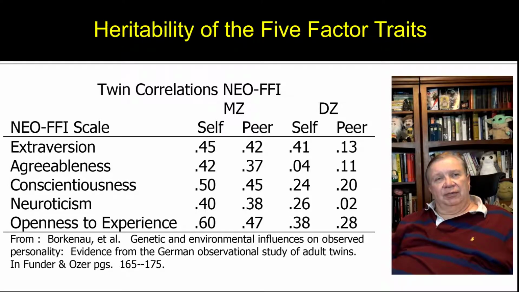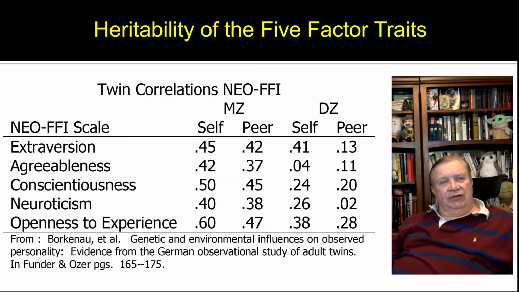And no one up until Borkenau and his colleagues did this study had used observer data in looking at the personality traits of twins. Borkenau also used a version of the Big Five, the NEO-FFI scale, five-factor inventory, and you see that there's pretty good evidence for heritability across these traits, and this is one of the articles you'll be reading for this unit.